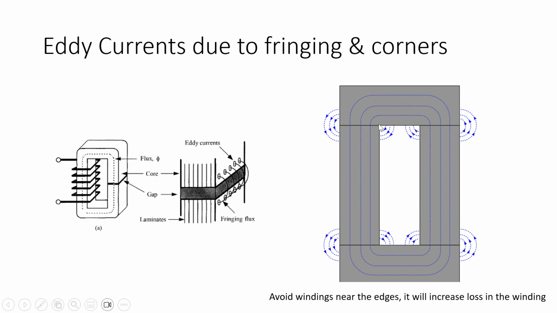So this flux will also induce eddy currents in the core and also in the winding. So we can wind perhaps in this region here, but we have to avoid these edges. So here I have written: avoid winding near the edges. It will increase loss in the windings if we are winding in this region.